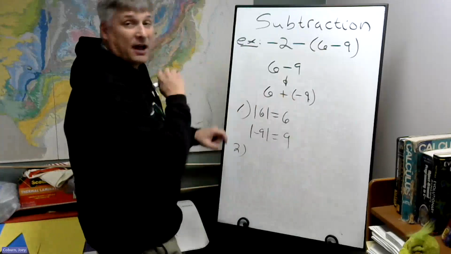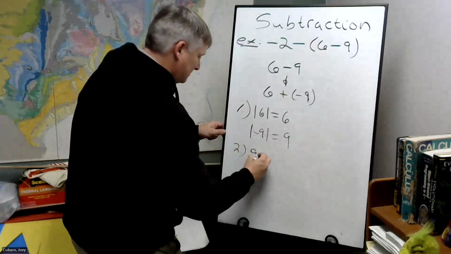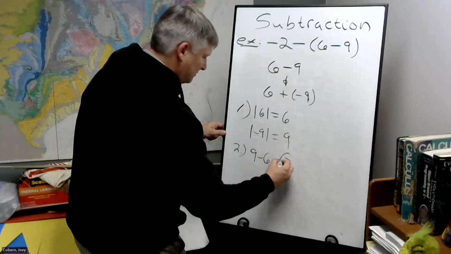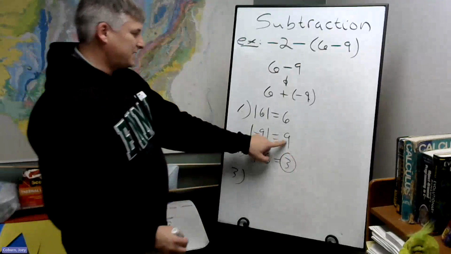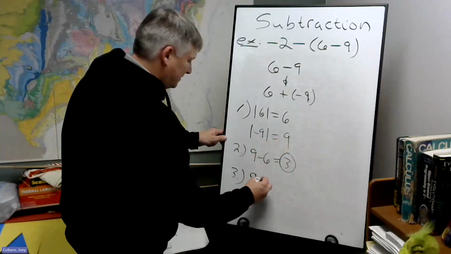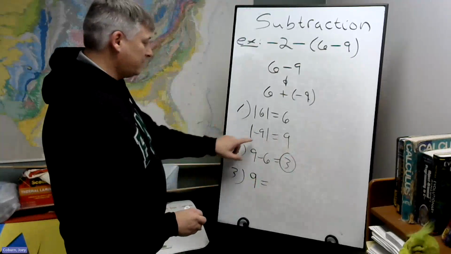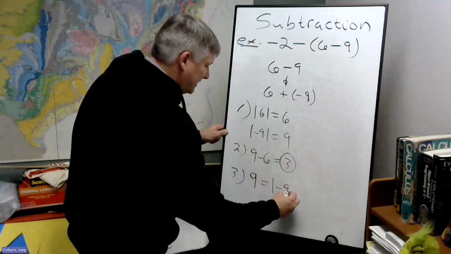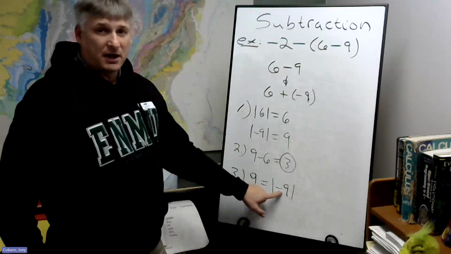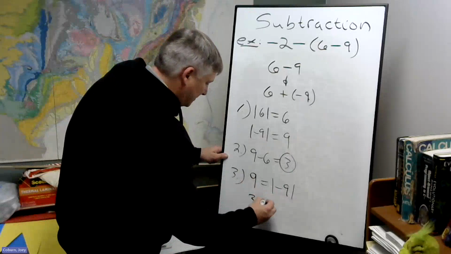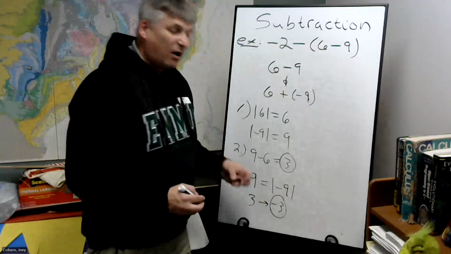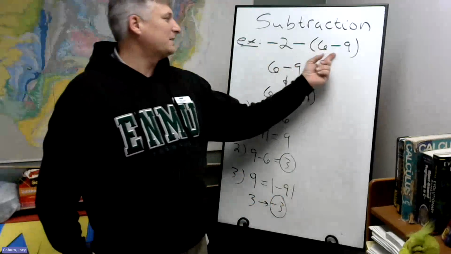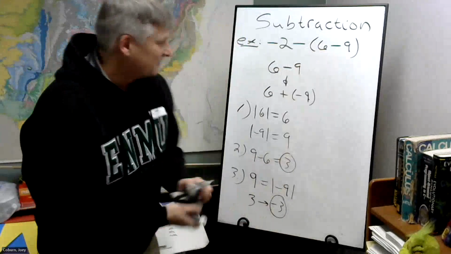Since they're different signs, we subtract. And then the largest absolute value was 9. Where did that come from? The absolute value of a -9. So the original sign is what we'll attach to our answer.